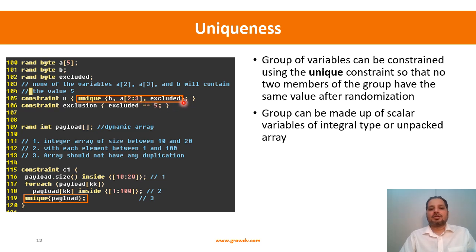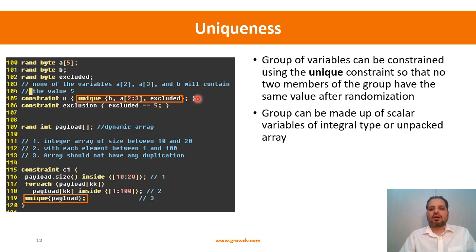The other curly brace is hidden by the box that is coming over here, but it's already there. So I am saying unique and putting this in curly braces, and you have to make a note that at the end of the expression you will have a semicolon within the constraint block. Sometimes it might appear slightly different, so just pay attention to that. And then we have the curly braces of the constraint block itself. So we have essentially two pairs of curly braces over here.